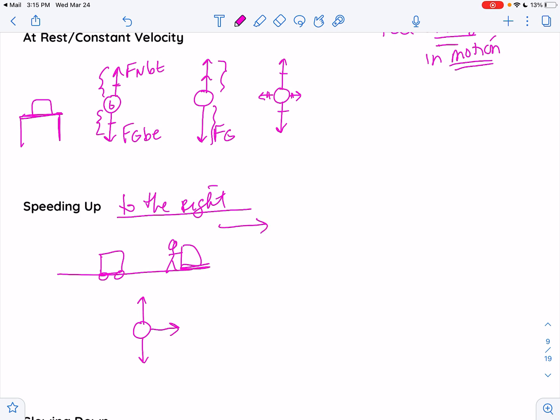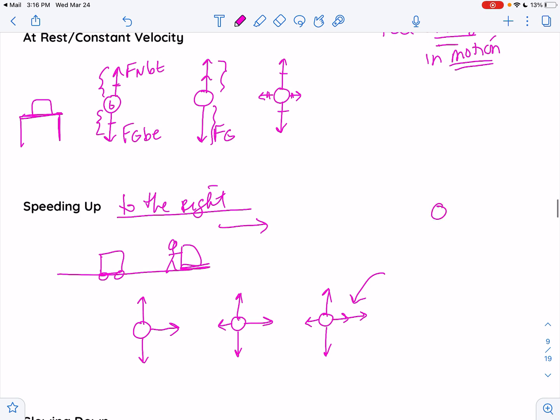Let's assume all these are moving to the right. Or there could be an arrow to the right and a smaller arrow to the left, or two arrows to the right and one arrow to the left. But either way, the right side arrows would be winning. They would be more total than on the left side. That would make it speed up.